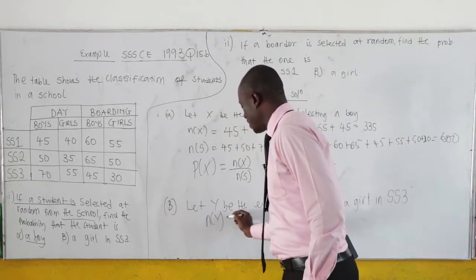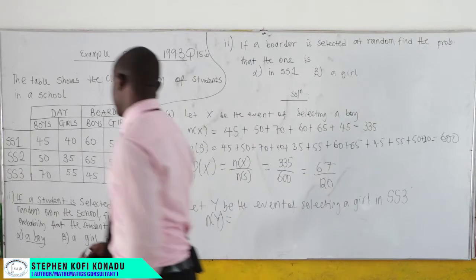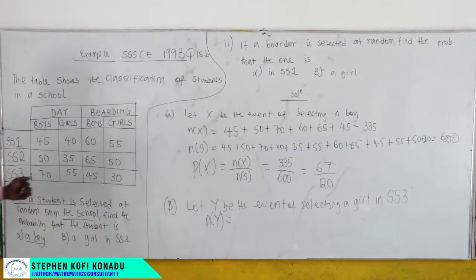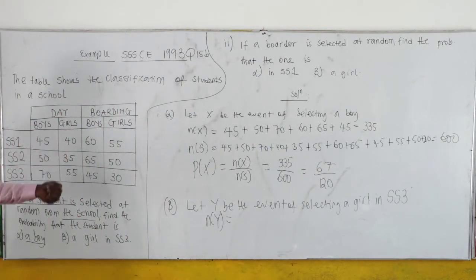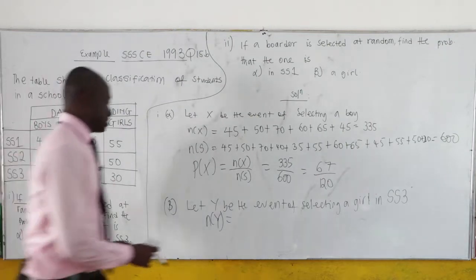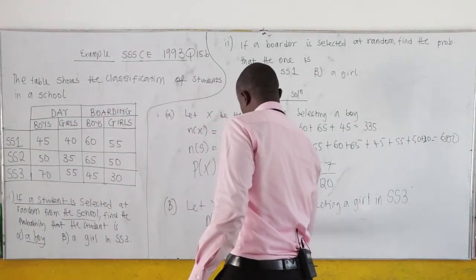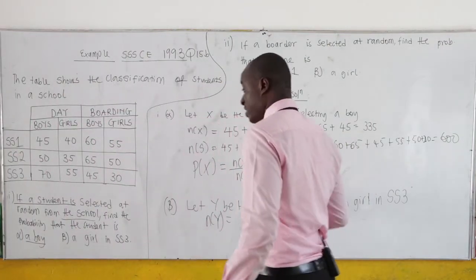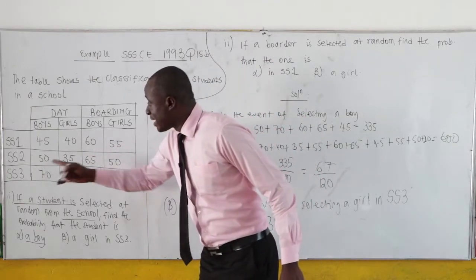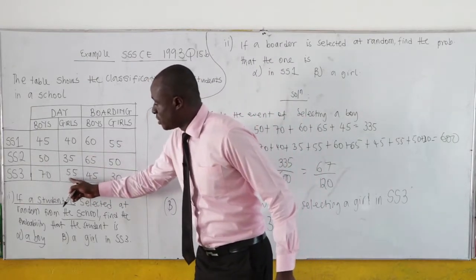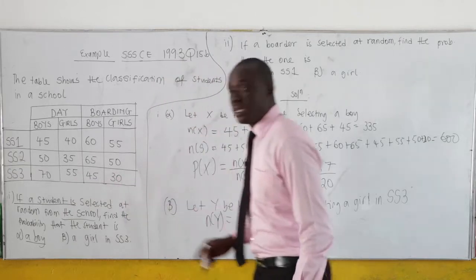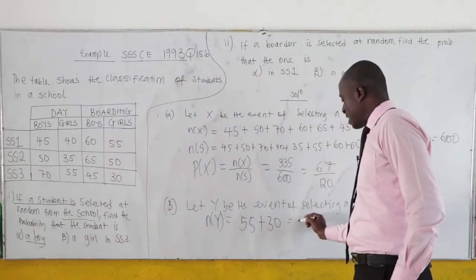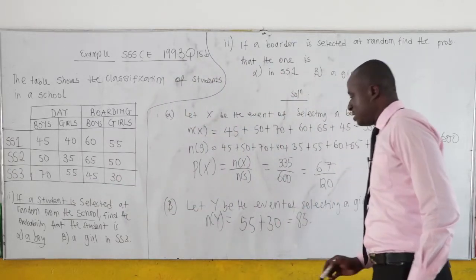A girl in SS3. So SS3 girls, we have day students and boarders. So 55 plus 30. So that is 55 for the day students, 30, and this is giving us 85.